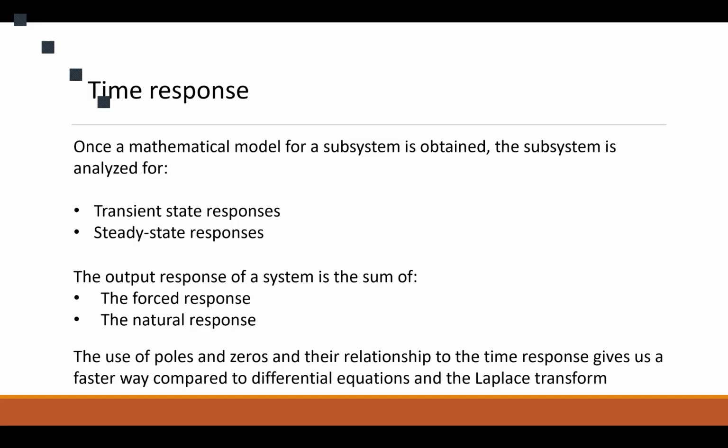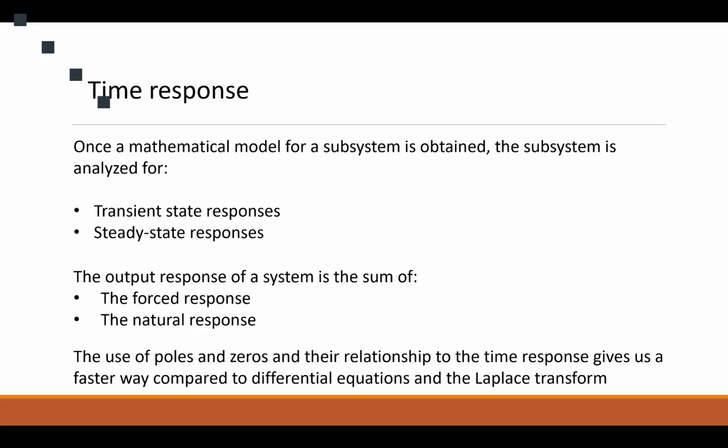So we have natural response, which is caused by the characteristics of the system alone, and we have forced response, which is the result of applying an input to our system.